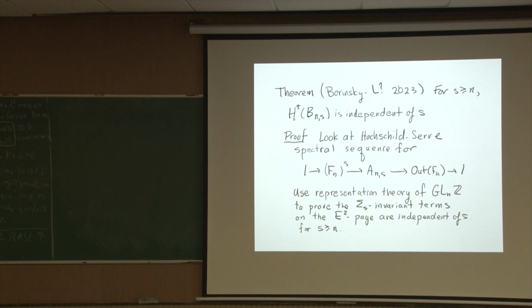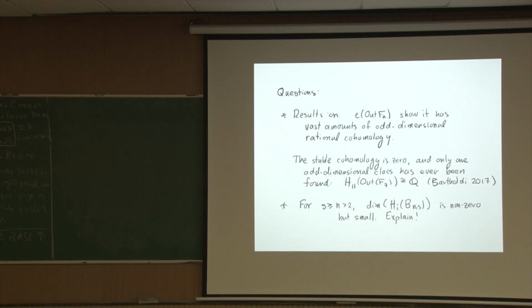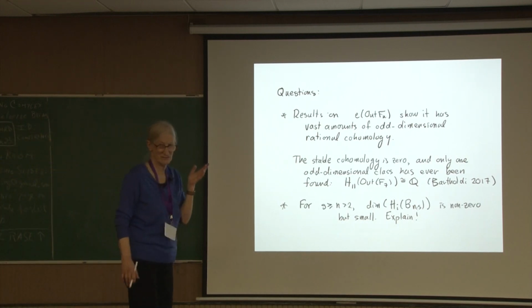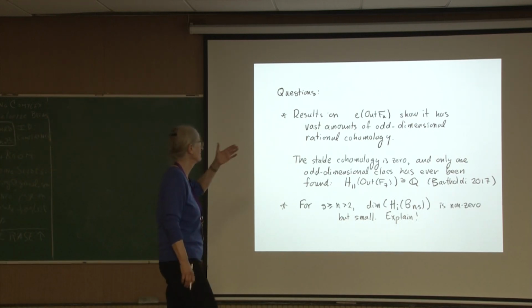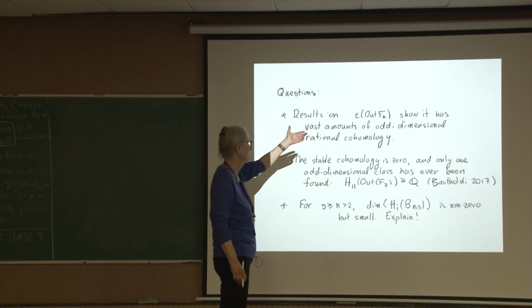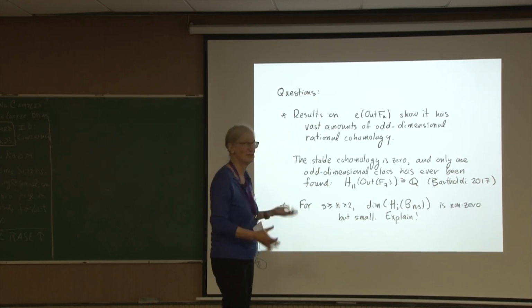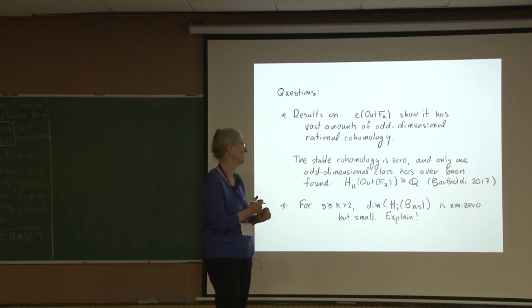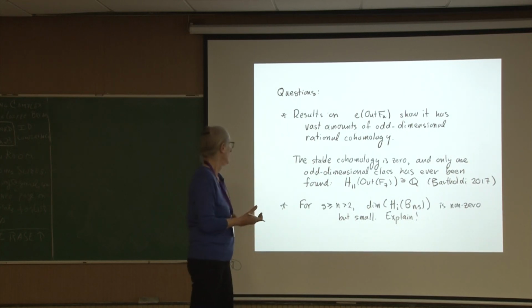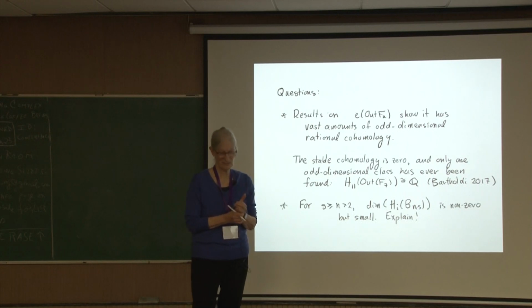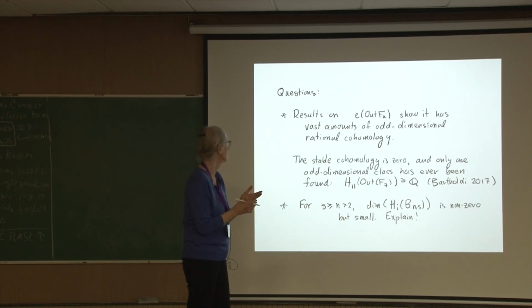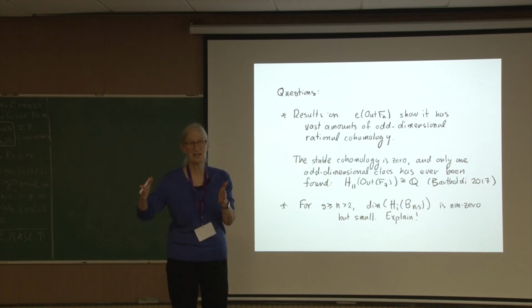Okay, but this obviously leaves some questions open. The first question comes just from the computation for S equals 0, no leaves. That gives you the E of Out(Fn), and it shows it has huge amounts of odd-dimensional rational cohomology. But it's also known that as n increases, the homology stabilizes.